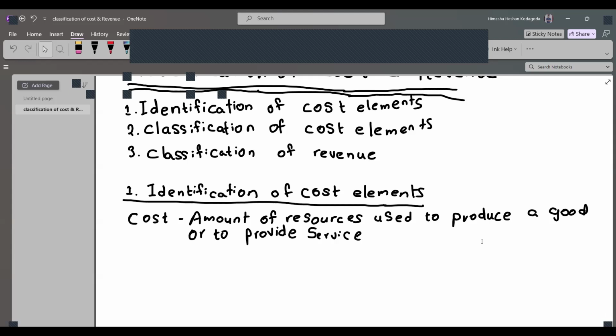First of all, we need timber or plywood. That is the term called material. Not only that, we need to pay for the carpenter. It is a labor cost. Other than that, we need to pay royalty payments.